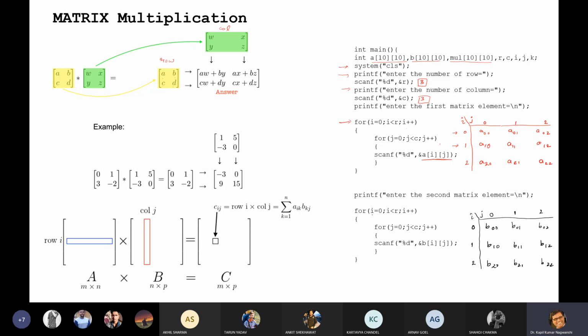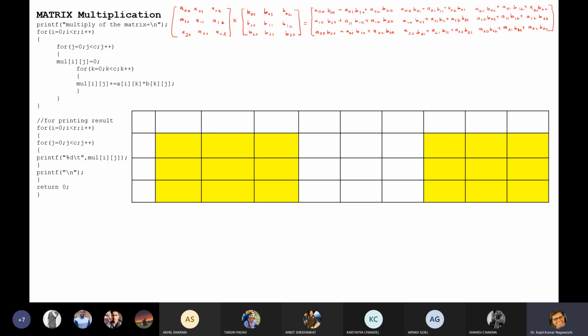How does it scan the matrix? Fine. So it may scan any value. I'm not going to calculate this; I'm going to calculate the mathematics behind it. Now come to this screen. This is our screen which will calculate the matrix multiplication terms. Let me increase the size of rows and columns.